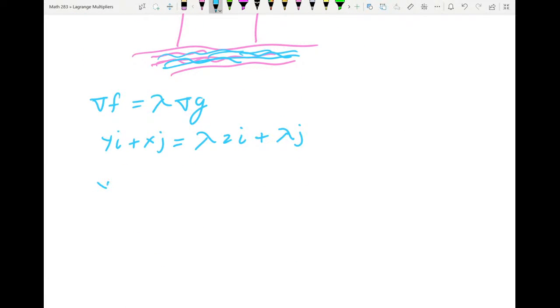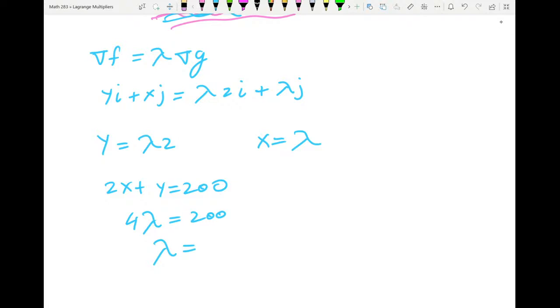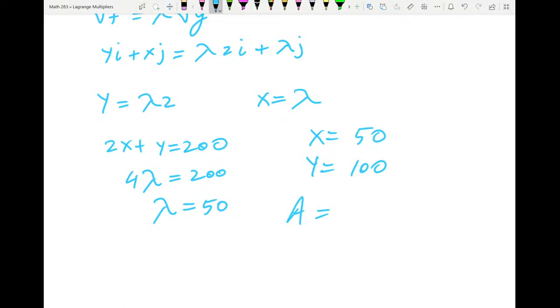Okay, and then y equals 2 lambda, x equals lambda. Is that correct? Yeah. So 2x plus y equals 200, and when you plug in the lambda, for lambda equals 50, x equals 50, y equals 100. And the area you get out of that is 5,000.